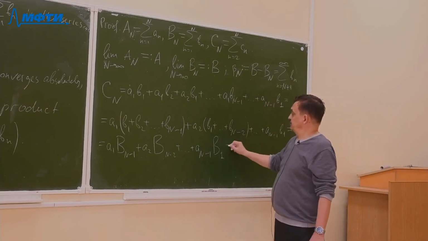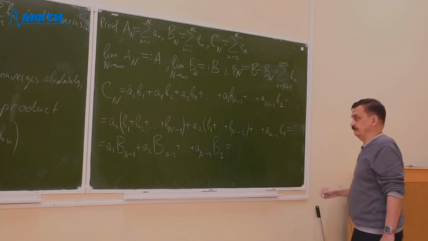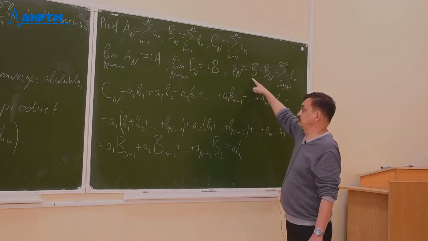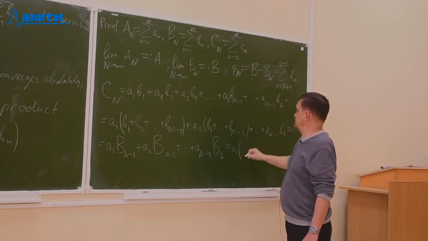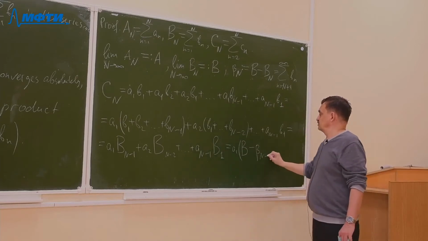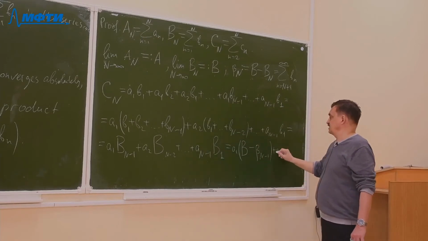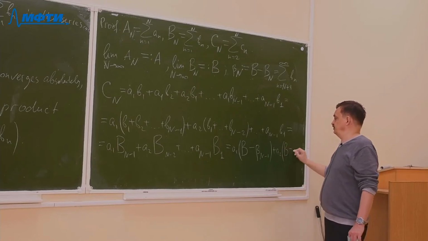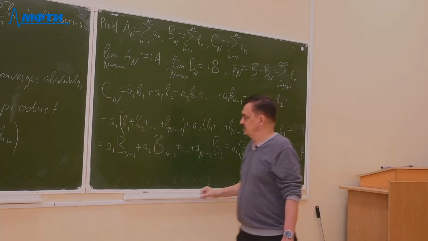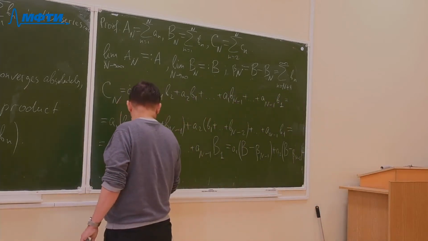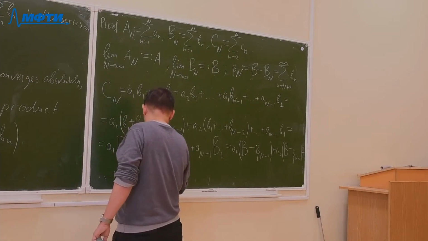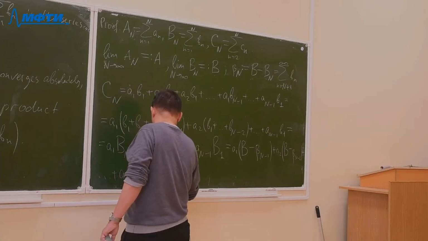Now, using notation for the remainder, that is A1 times (capital B minus beta_(N minus 1)) plus A2 times (capital B minus beta_(N minus 2)) plus so on plus A_(N minus 1) times (capital B minus beta_1).